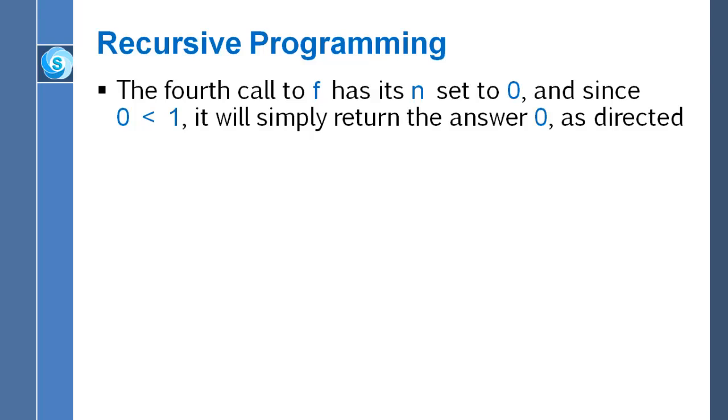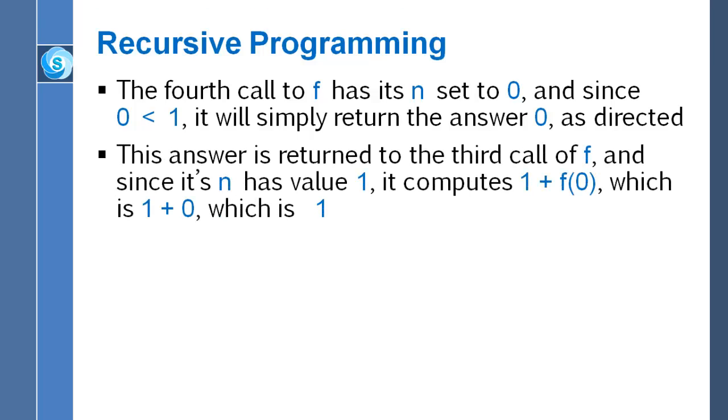Okay, but where does it return it to? It returns it to the point in the third call of f where the third call made the fourth call. It's basically like this. Back there in the third call of f, which has a parameter n whose value is 1, we're now ready to compute 1 plus f of 0.